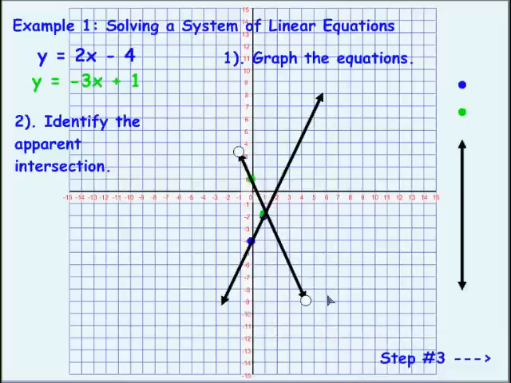Now, as you can see, this one's a little exaggerated, but our intersecting point is at 1, negative 2. X is 1, y is negative 2.